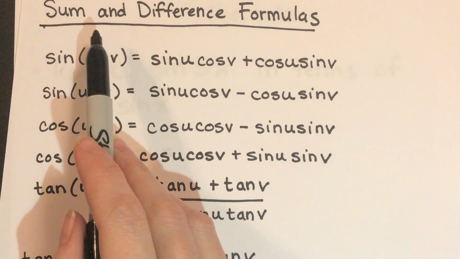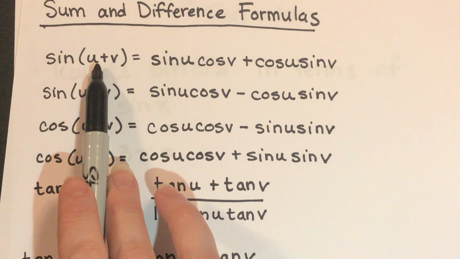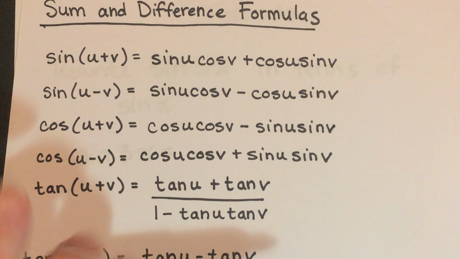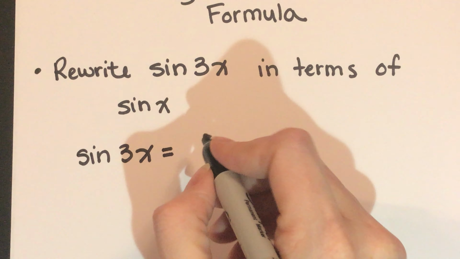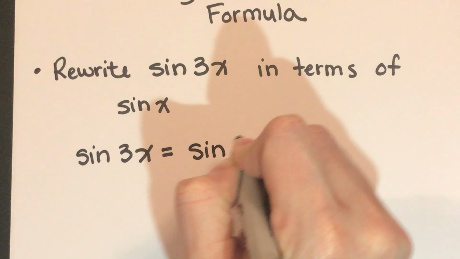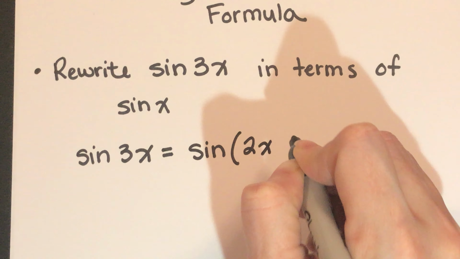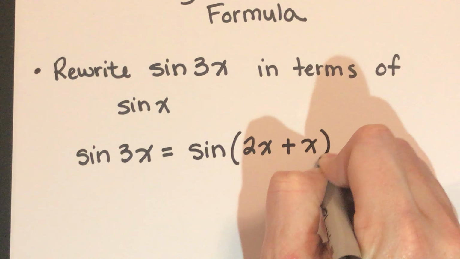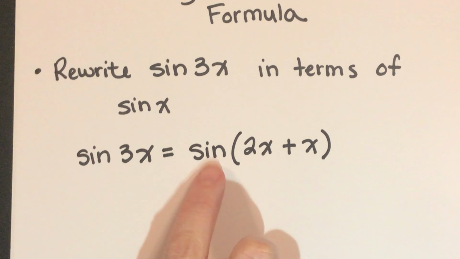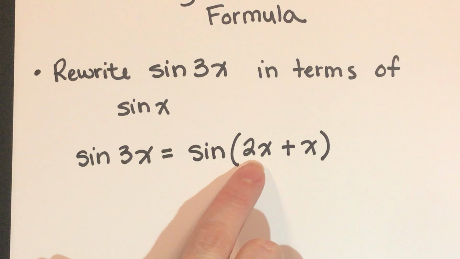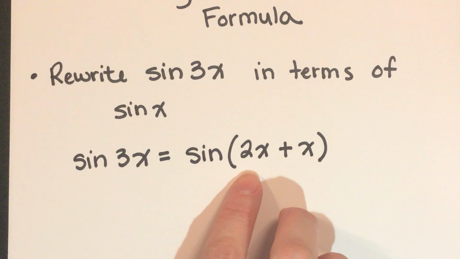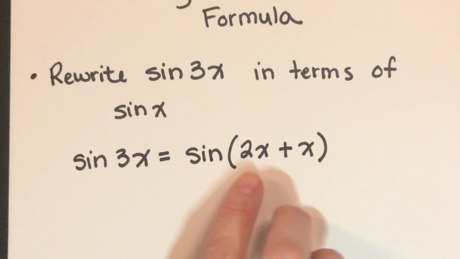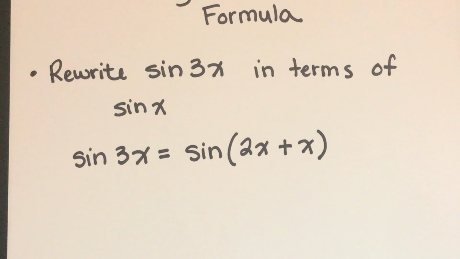We have the sum formula, so we could always break an angle down into two different pieces that are being added together. So I could take 3x and turn it into the sine of 2x plus 1x. Now we have formulas for double angles, right? So we can start here, and now we use our sum formula.